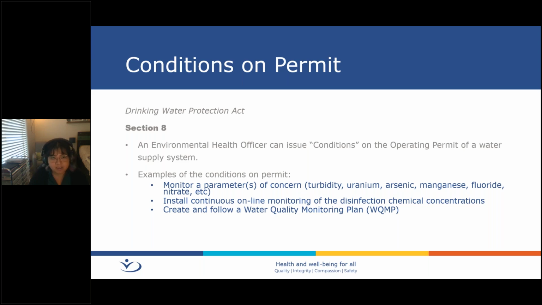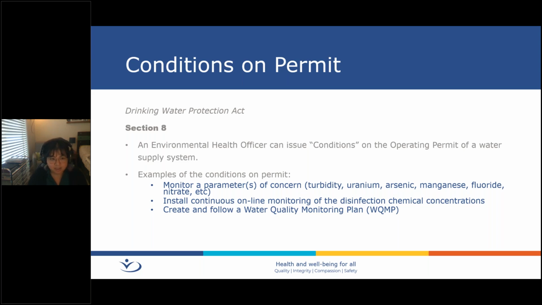So if there is a parameter of concern, these conditions can make the monitoring a formal requirement. And with these conditions, it can act as guidance for the water supplier to focus on some of the key areas for their water system improvement.